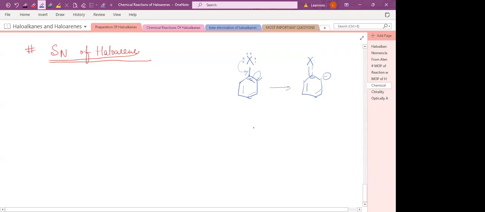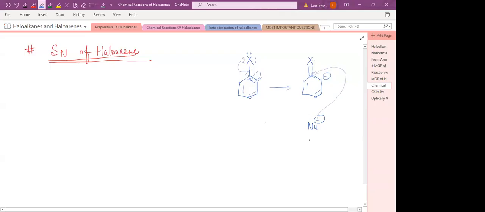And also we know that the benzene ring is more electron rich, due to the sp2 hybridization, because on the benzene ring the electron density is more. And the nucleophile is also electron rich, so when it tries to approach this carbon, it feels repulsion.